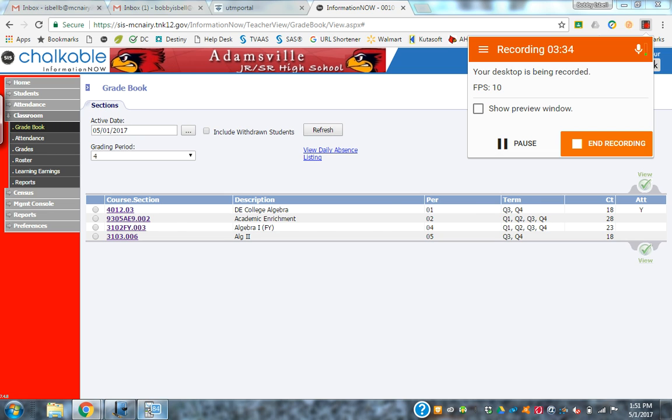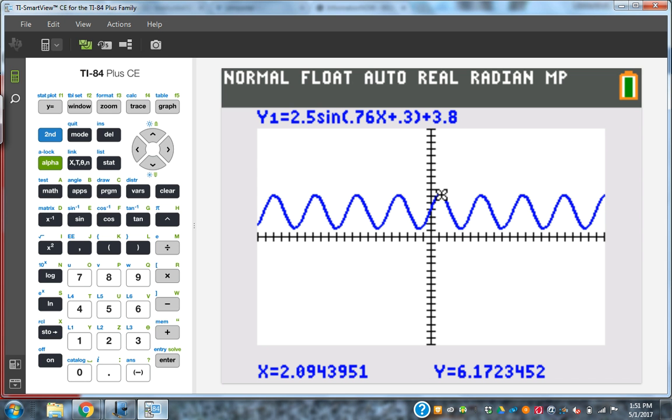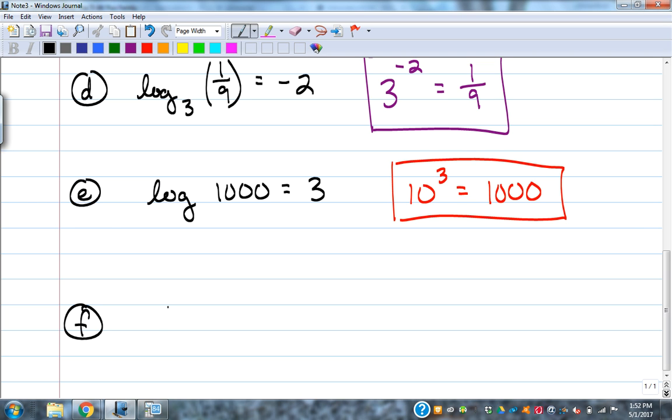Common logs are logs that are used pretty often, and we've got the log button, that's log base 10 here on your calculator. Right below that is the next common log, and that's the natural log, and they use LN to denote that natural log.